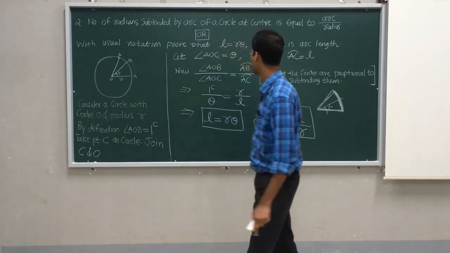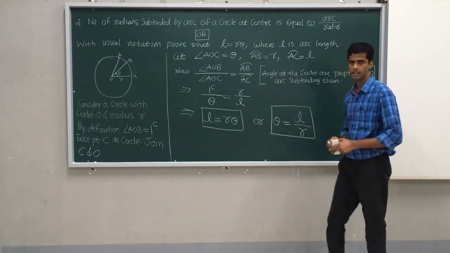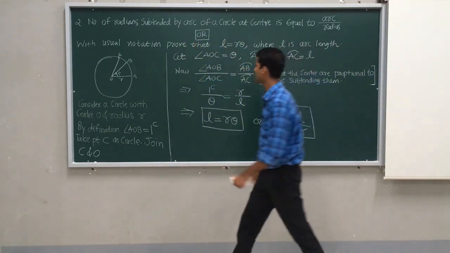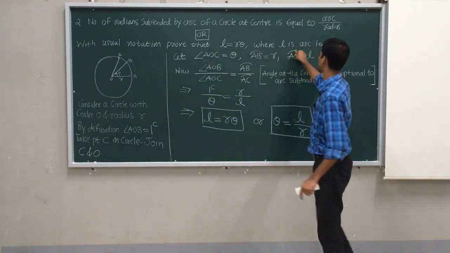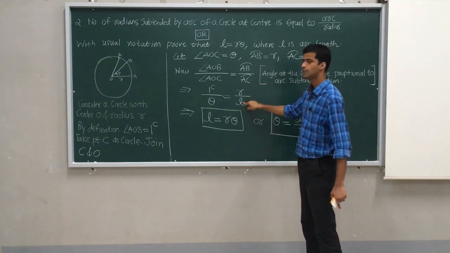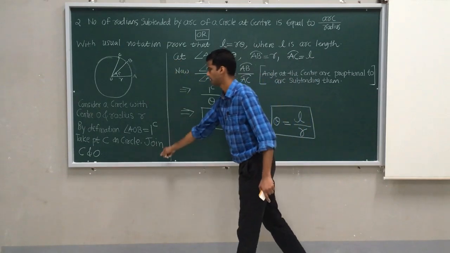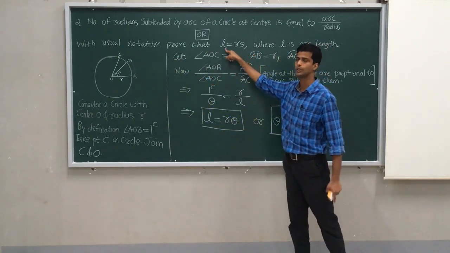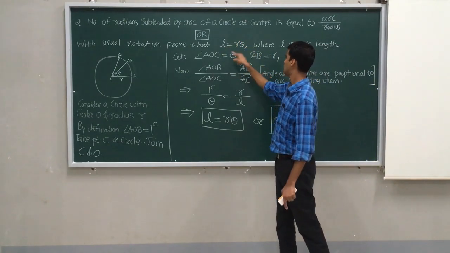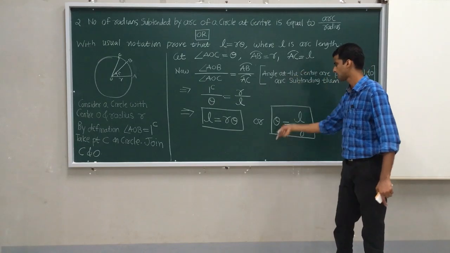So with usual notation, I put L equals R theta. If in the question paper you get, with usual notation, S equals R theta, then you take the arc length AC as S, and wherever L is present, you take it as S. You start with S only, but here they have given L, so take L. If they ask you to prove S equals R theta, wherever L is present, take it as S and do the result.